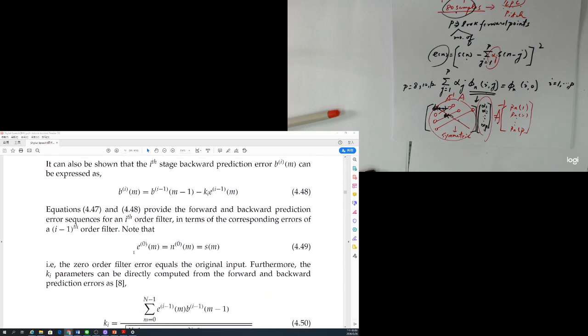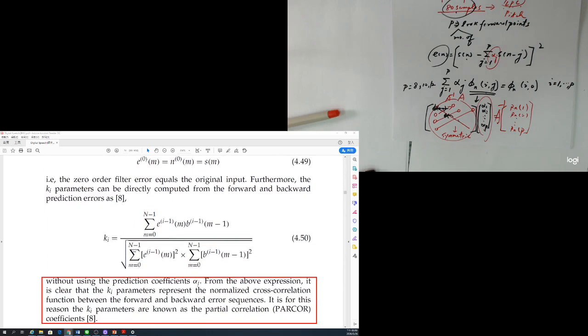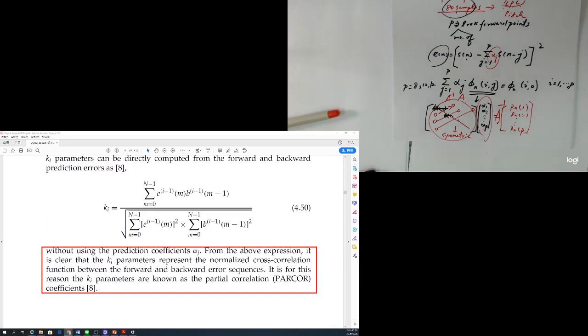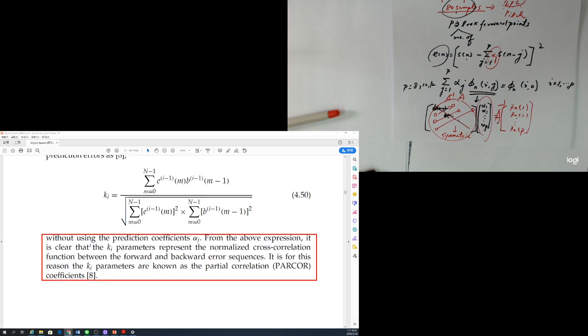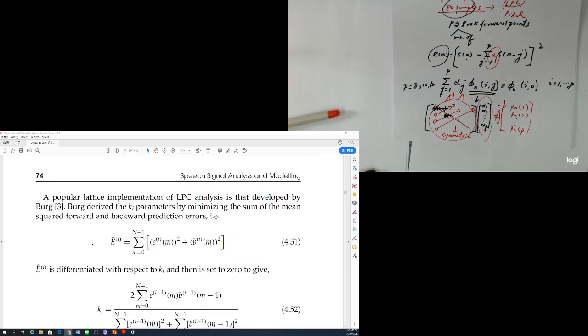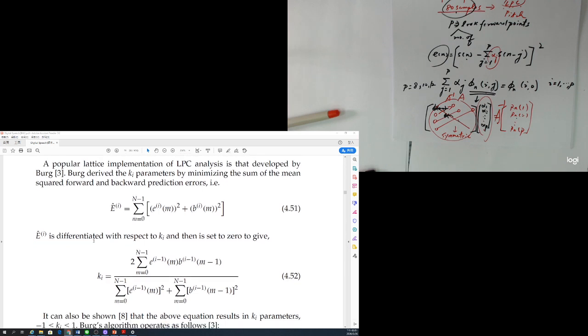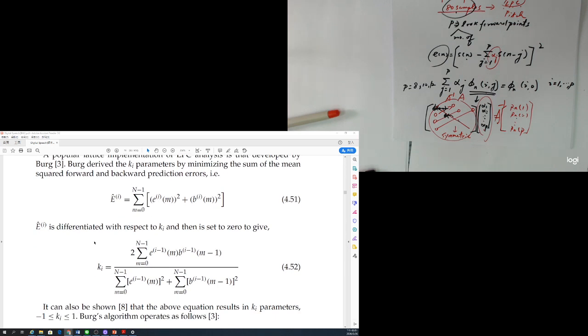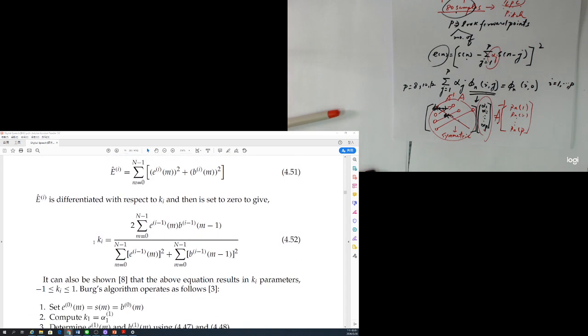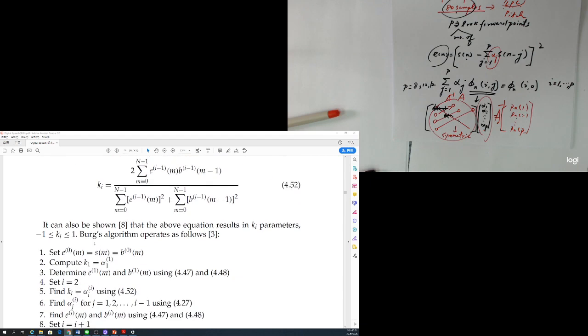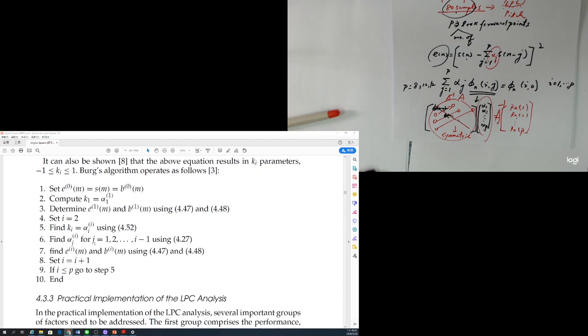So right now we have one called autocorrelation, the other is the covariance method, and that one they call the lattice. The lattice combines what we did: they try to generate the matrix and invert the matrix, and they combine them together, so it is called the lattice method.